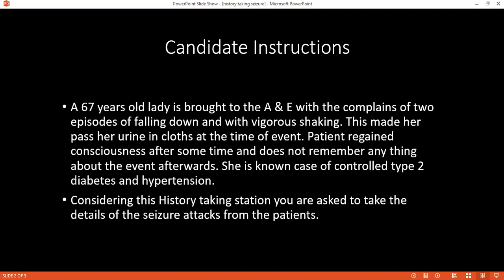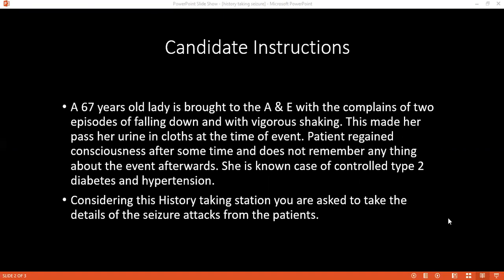What are your differentials? From my history, I would like to consider it as a focal seizure, because there was a focal seizure, and I would also like to consider generalized tonic-clonic seizure, but there was no history supporting that.